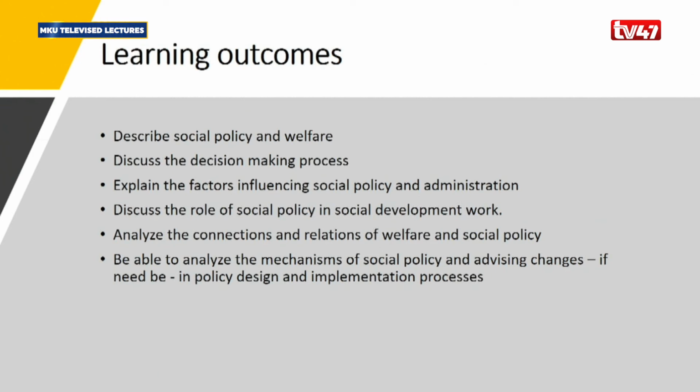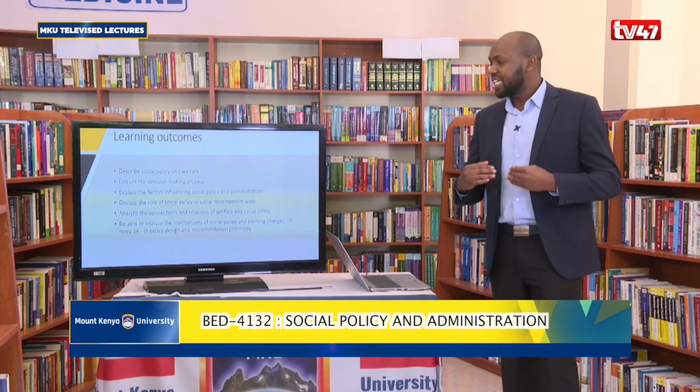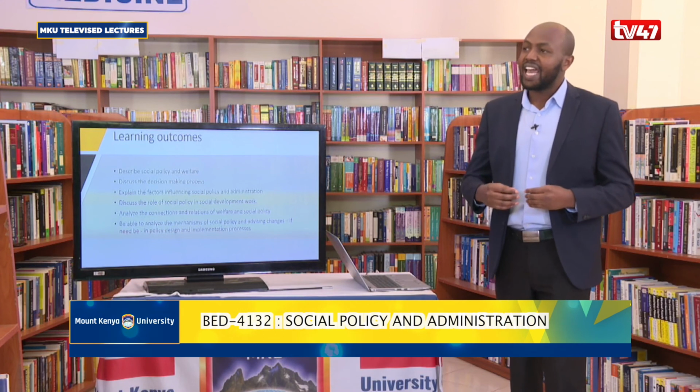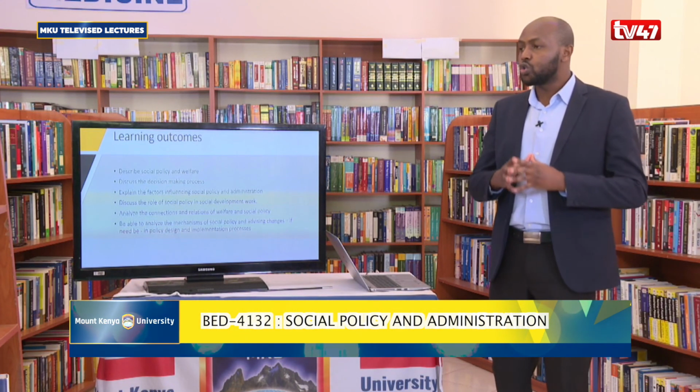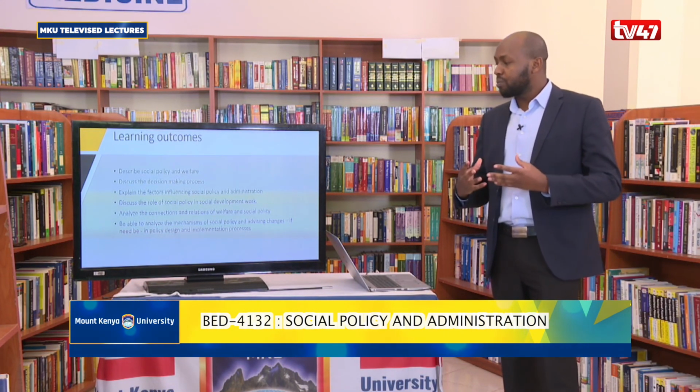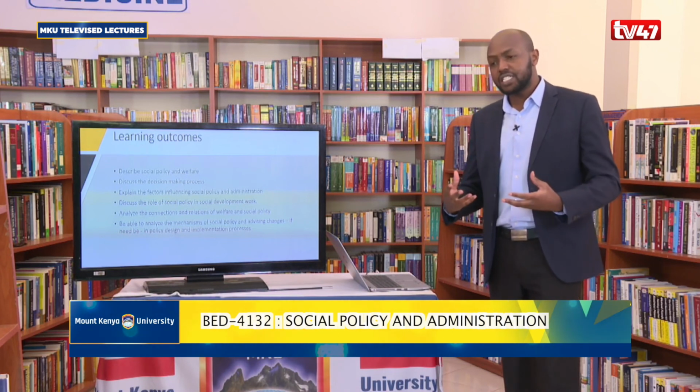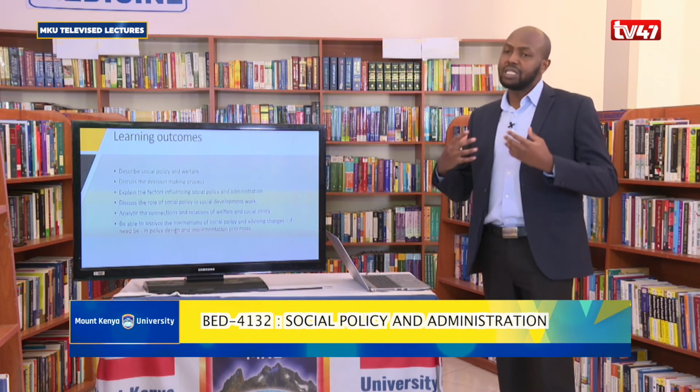The other thing that you should be able to demonstrate after going through this unit is to explain factors that influence social policy and administration. Because you'd find that a social policy itself is a reflection of the context within which it has been developed.